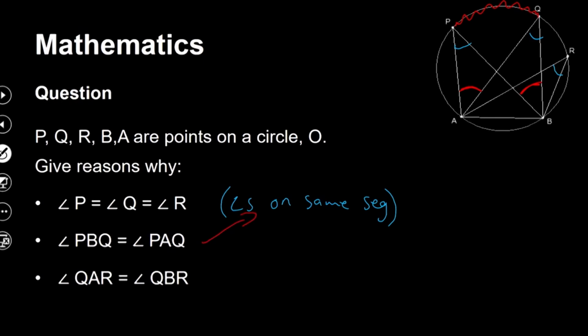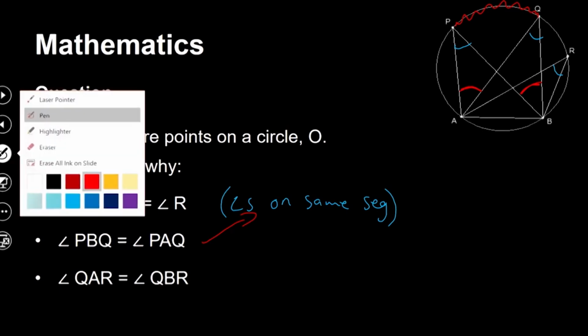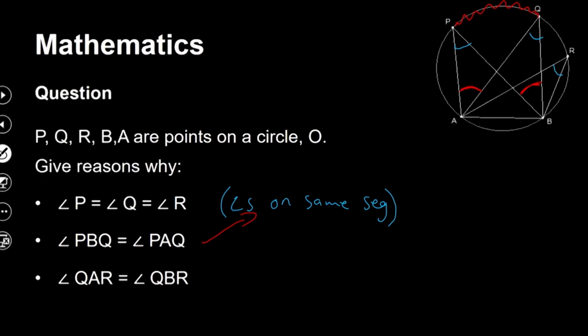And then the last one is QAR and QBR. Let me maybe use this color here. QAR, which will be this angle here. And they say this is equal to QBR. QBR will be that one there. You can see also they are subtended by this chord there.